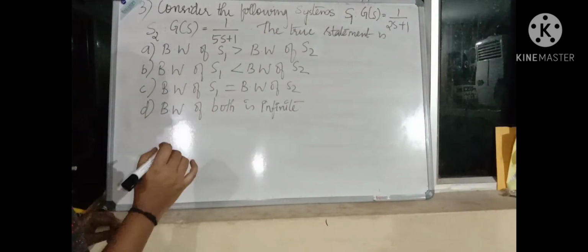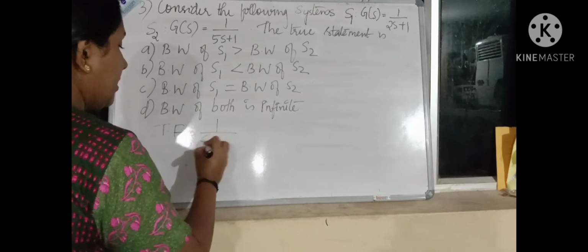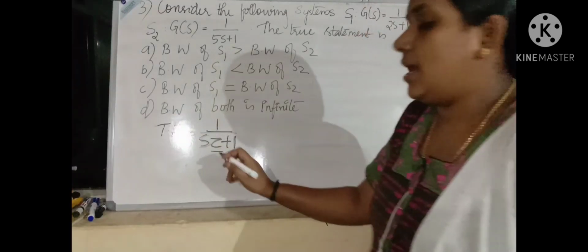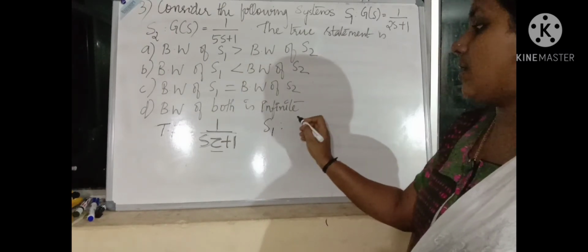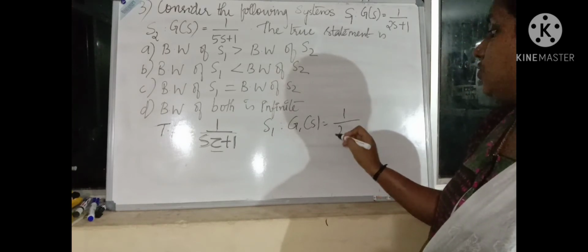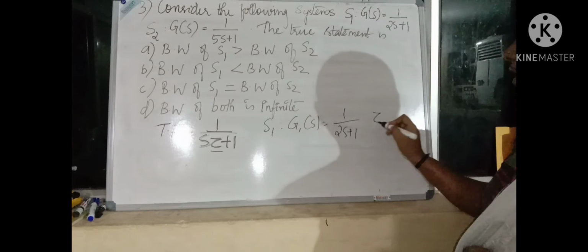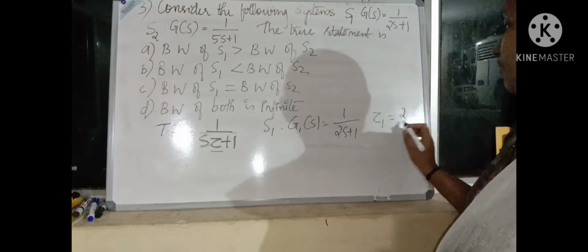We know the standard form of the transfer function will be equal to 1 by (S tau plus 1), right? Here tau is the constant. Here for system 1, G1 of S, the transfer function is 2S plus 1. Here the tau 1 will be equal to 2.